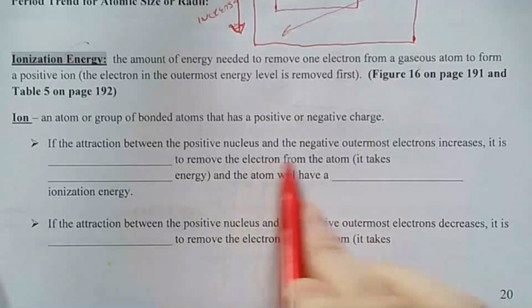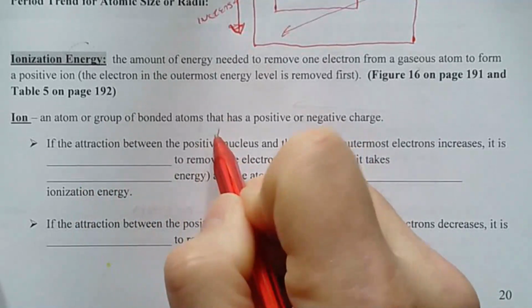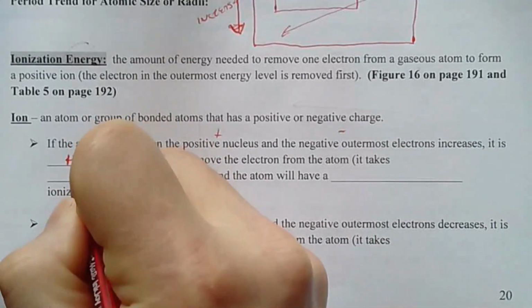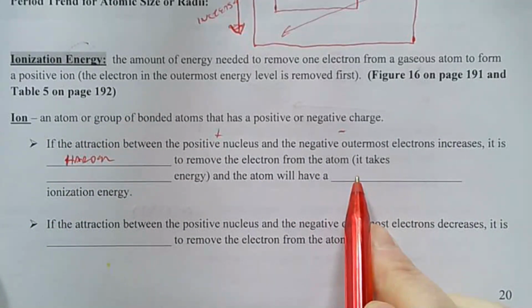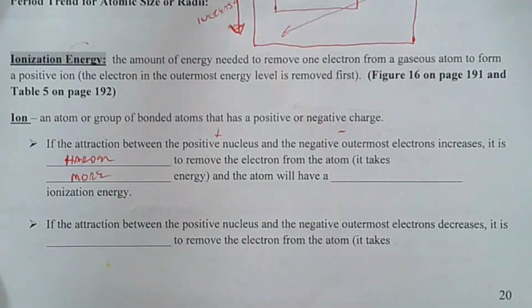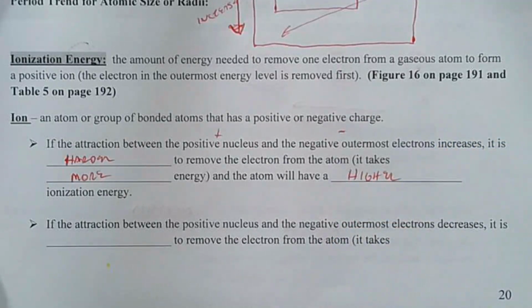If the force of attraction increases, it is going to be harder to remove the electron from the atom, so it's going to take more energy, and the atom is going to have a higher ionization energy.